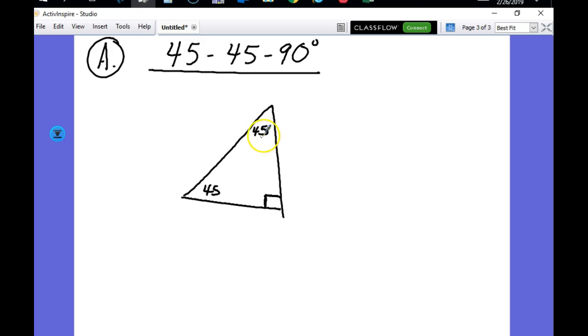Anytime you have a triangle with two angles that are the same, you also have two sides that are the same. So whatever this side is, this side's going to be exactly the same. Isosceles. So these are the same.